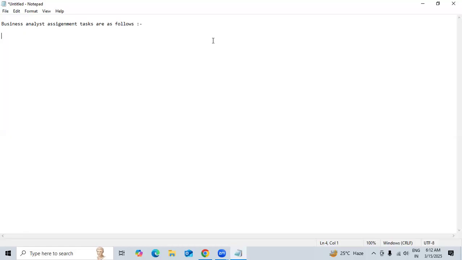Configuration means, as I mentioned some time back, there is a product available. Now this product we want to use for our organization, for our business activity, let's say a payment system. Now we want to integrate it with some bank's application and perform the activity, right?